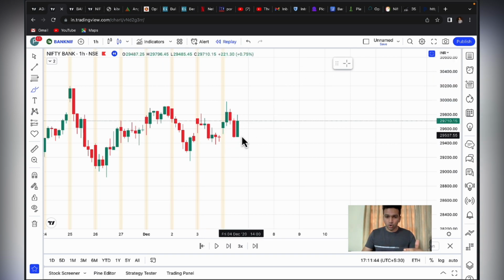And after the close of this candle, the bulls got into action and started pushing the price up, piercing the median of the previous bearish candle and closing above the median. A bullish piercing on a higher time frame can indicate a change in trend, and it helps you set clear stop losses, and it even helps you in managing your trades.